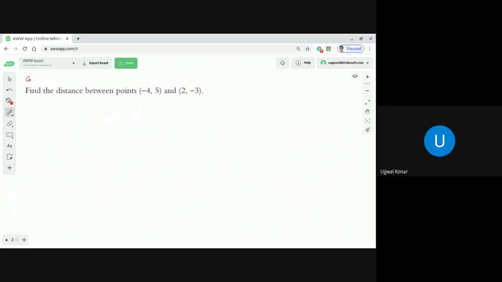This is the first question. Find the distance between the points (-4, 5) and (2, -3).